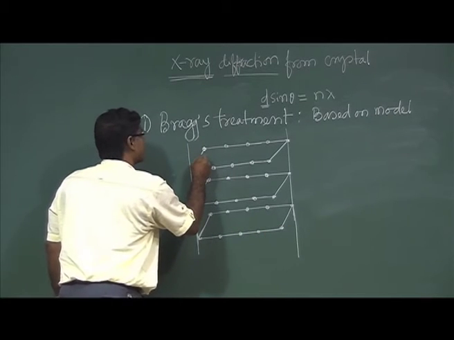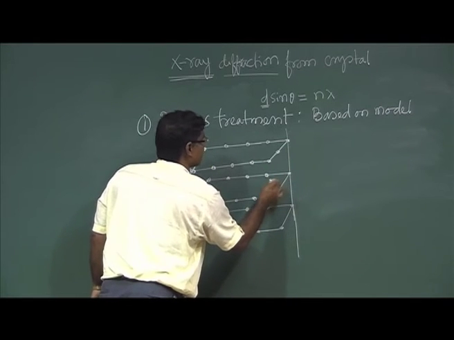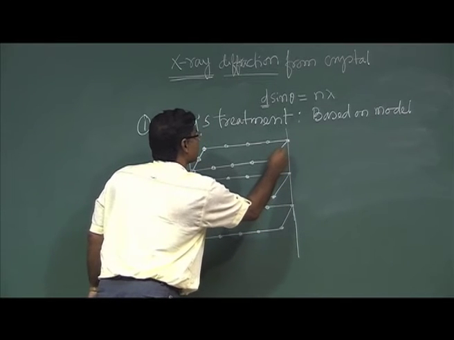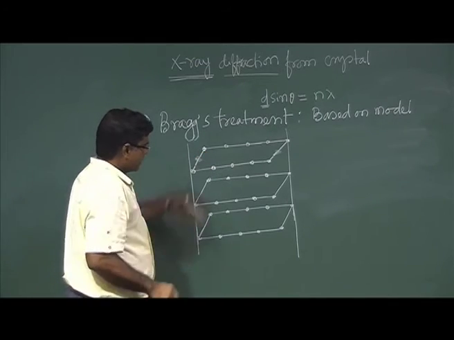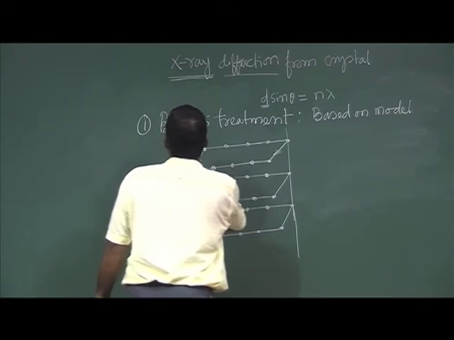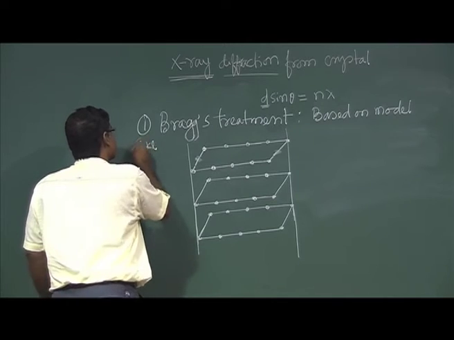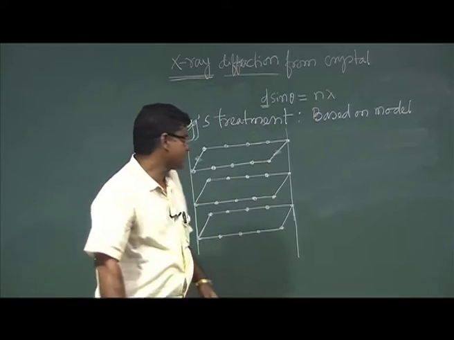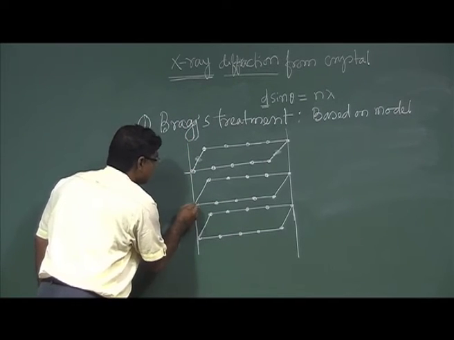Let us take the simple arrangement. So this is a set of parallel HKL planes having a spacing between them.